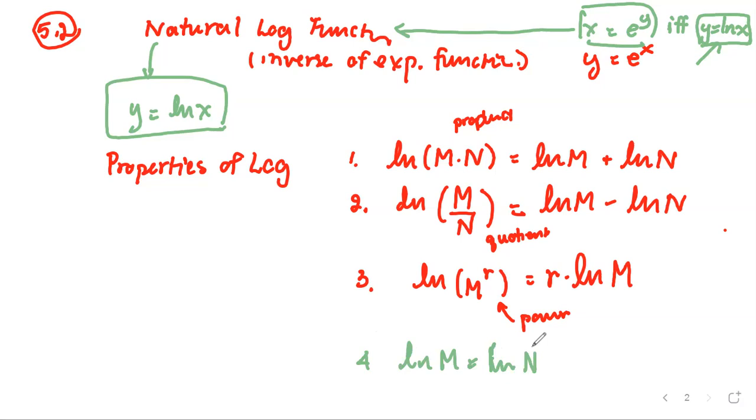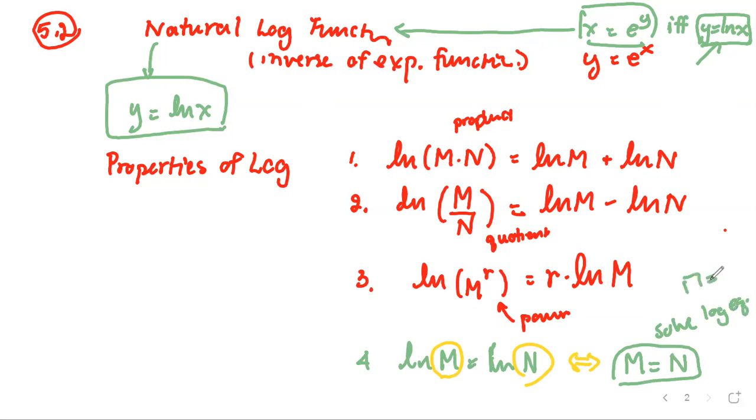As you see, m and n are the expressions inside the natural log, so we can conclude that m equals n. We use this when you solve a log equation, which means an equation that has log expressions on one side or both sides.